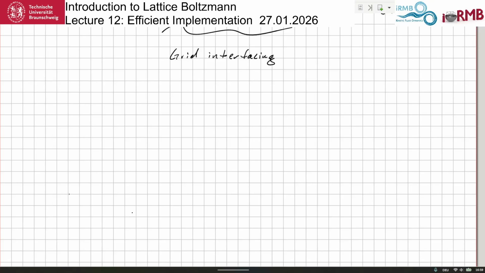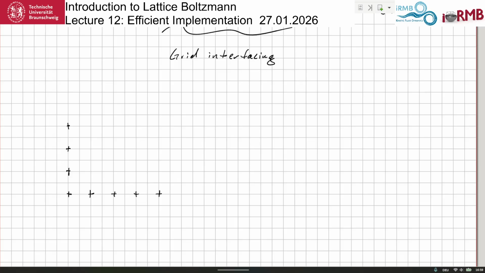So say this here is our fine grid. This is very much implementation dependent, because you can do everything in different ways.